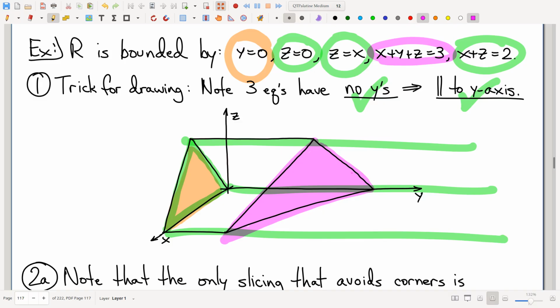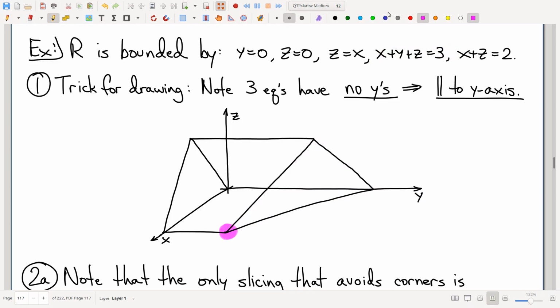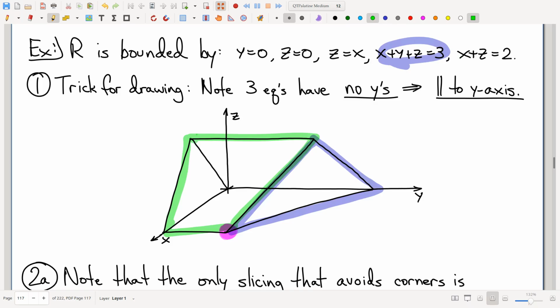By the way, if you have a little trouble with this last part here, how do I understand how that plane intersects with our existing thing? You can think about the points of intersection one at a time. So for example, this point right here, if you want to understand that point, well, it's in this plane, of course, but I can see it's also in this plane, which is that one.